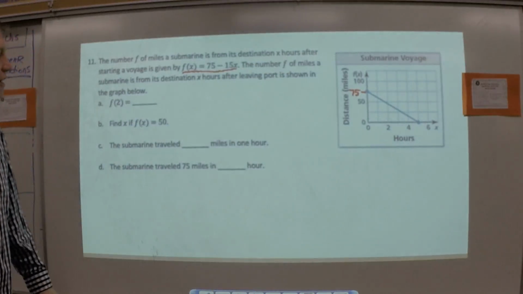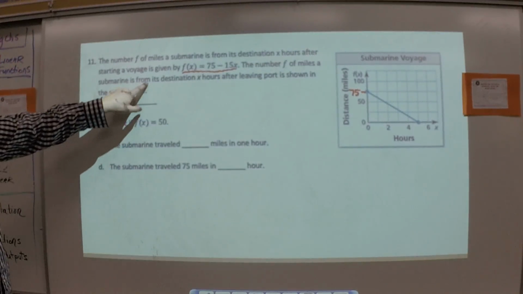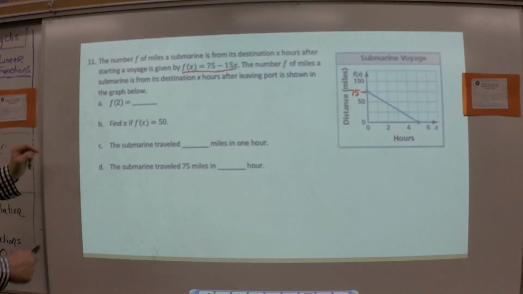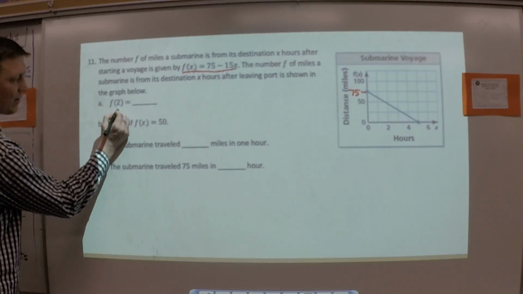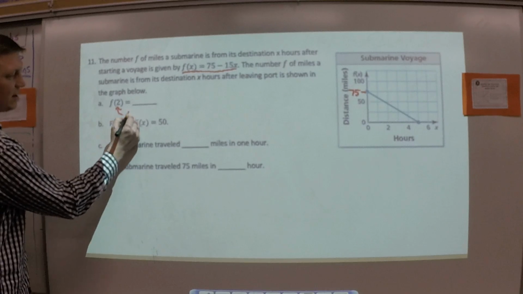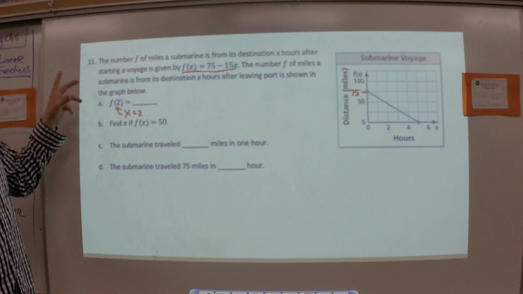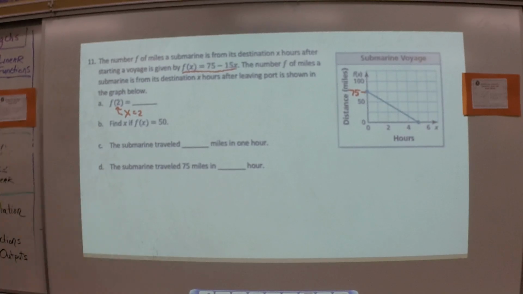The number of miles a submarine is from its destination x hours after leaving port is shown in the graph below. So what is this? This is 2 hours. X equals 2. So at x equals 2, what is the number of miles that it has gone?